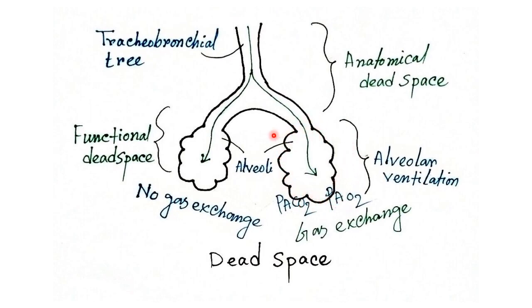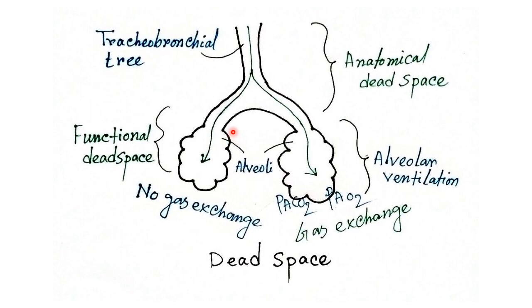However, this other alveolus has no blood going around the alveolus. Okay? And so even if air is present here, there is no gas exchange because there is no equilibration with blood.